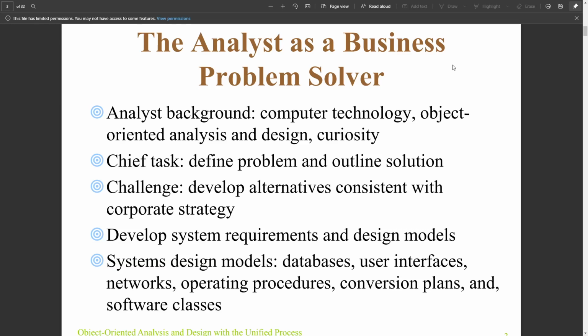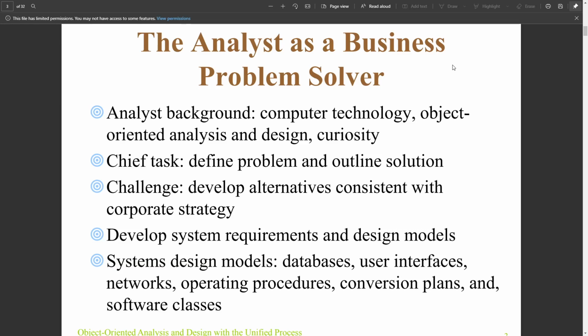That makes a systems analyst have this chief task, which is to define the problem and present an outline solution. The challenge here is to develop alternatives consistent with the corporate strategy. The analyst will develop the system requirements and the design models.